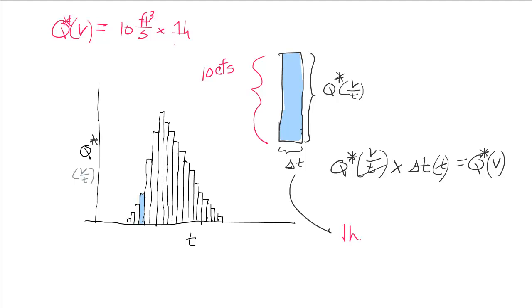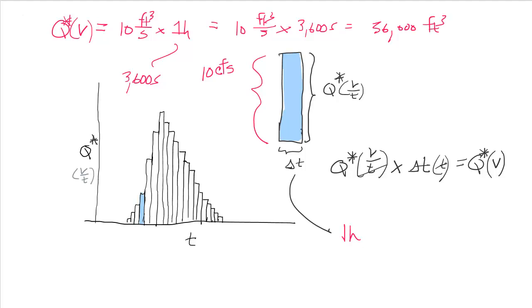So probably what I'd do is I'd know that 1 hour is 3,600 seconds, and so I just say this is equal to 10 cubic feet per second times 3,600 seconds. Seconds are going to cancel, and that will end up being 36,000 cubic feet.